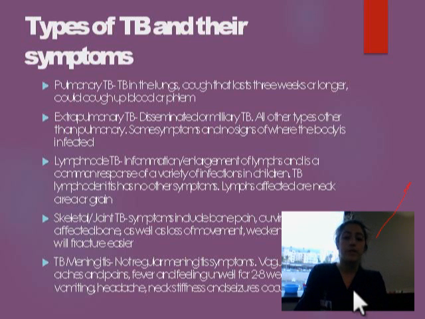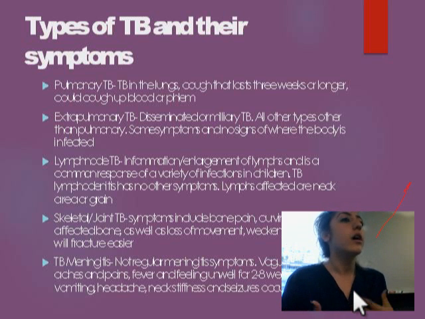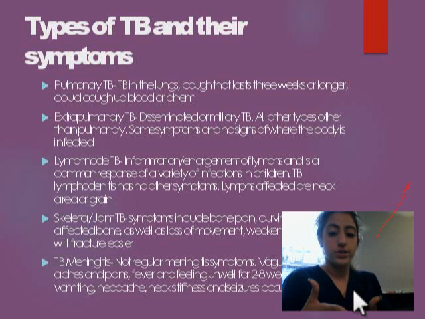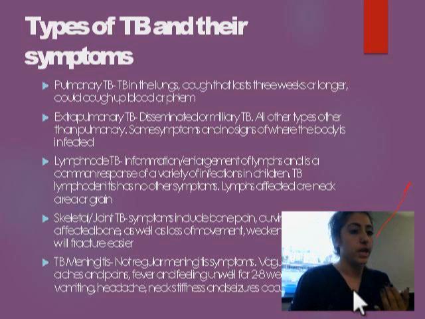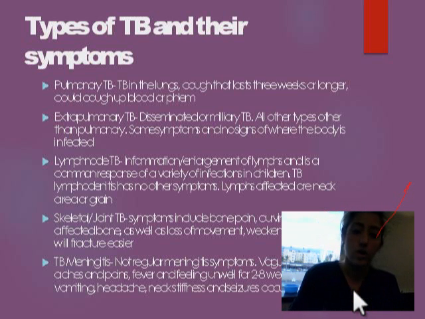There's also TB meningitis, and it doesn't include the normal symptoms of meningitis. It usually starts with 2 to 8 weeks of body pains and fatigue, and then later you get vomiting, headache, neck stiffness, and sometimes even seizures.